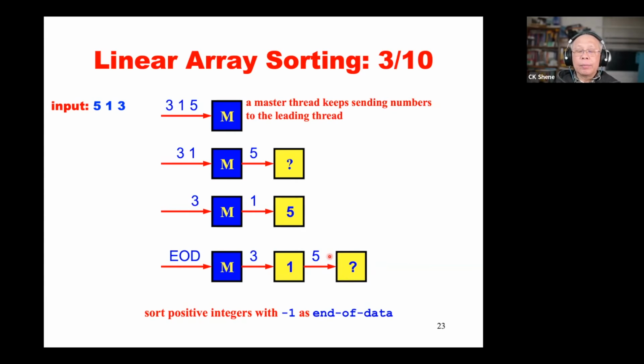Look here. The first sorting thread's predecessor is the master, and its successor is just created, and the number 5 sent out by the first sorting thread is still on the channel. Then we have the next situation.